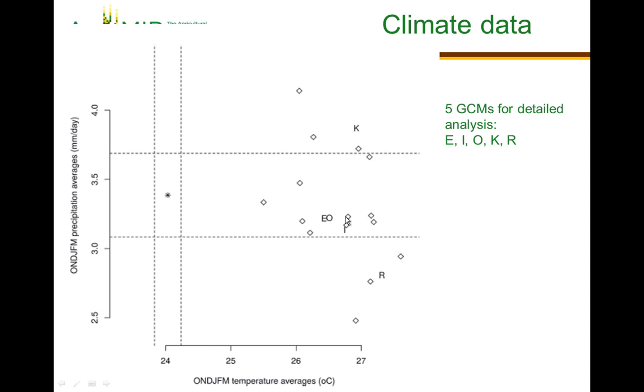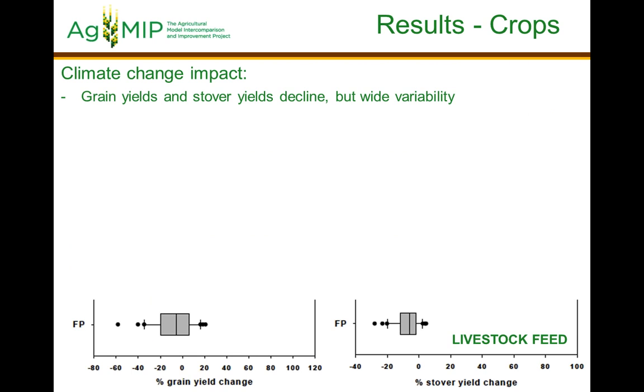Very quickly, some of the results from our climate analysis, just to mention here that we took 5 GCMs for more detailed analysis, in which K was an optimistic scenario and R was a pessimistic scenario in terms of rainfall. Then again, quite briefly, results from the crop simulations.